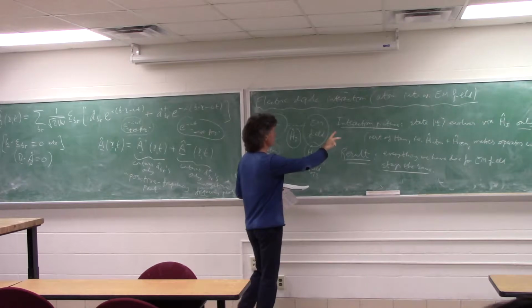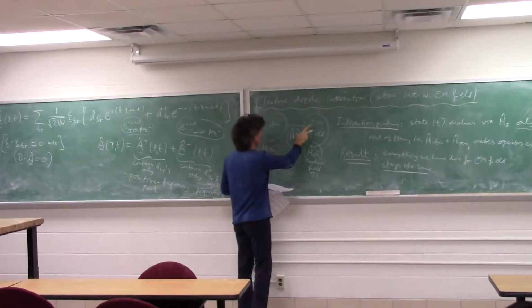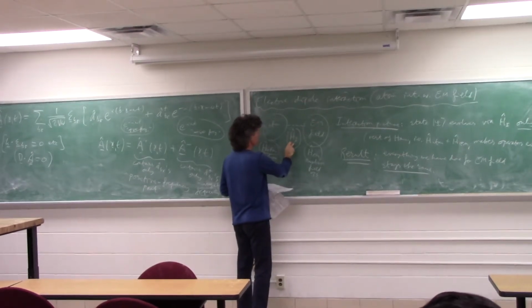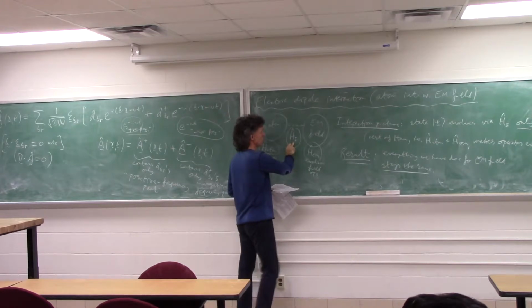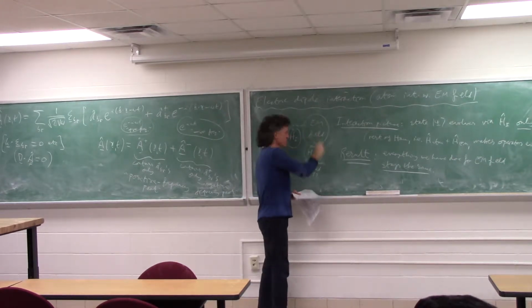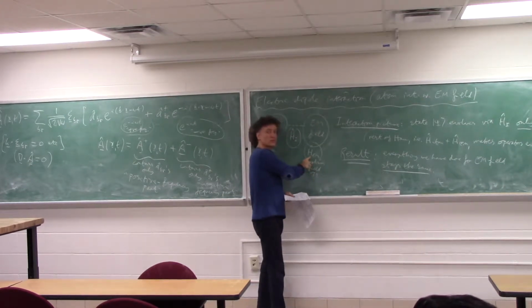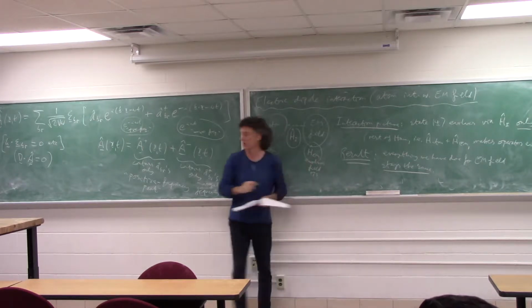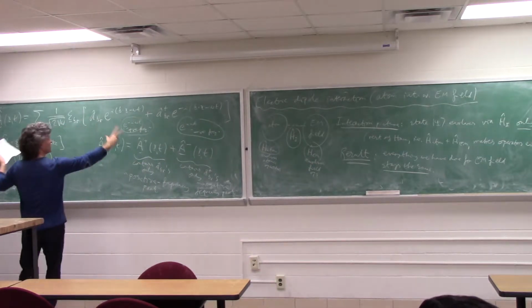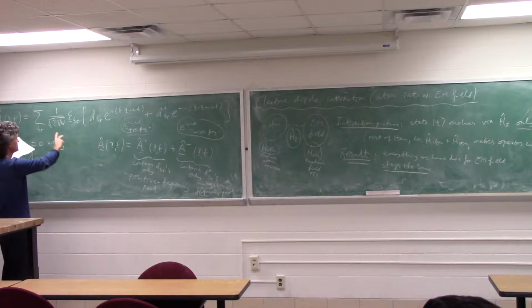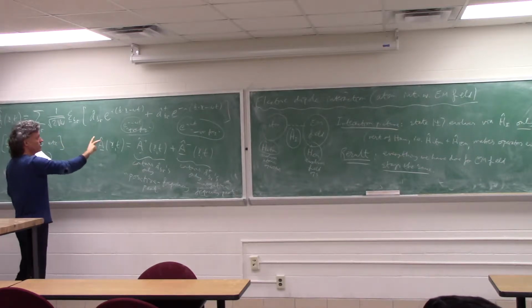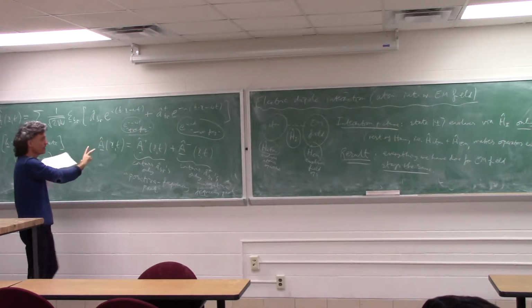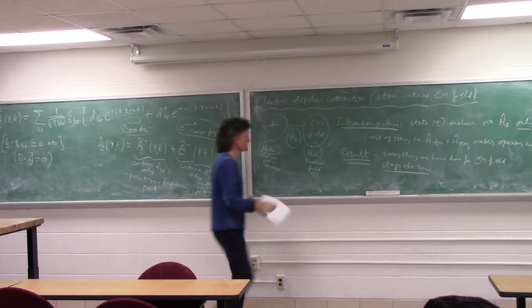So remember, in the interaction picture, the electromagnetic field is now interacting with an atom. We have an interaction Hamiltonian. The field operators still evolve according to the electromagnetic Hamiltonian. So all of this is exactly the same. This is the field operator evolving according to the electromagnetic Hamiltonian. That stays exactly the same.